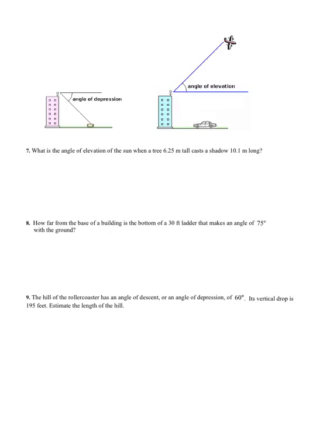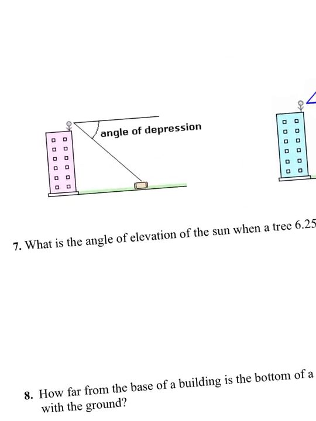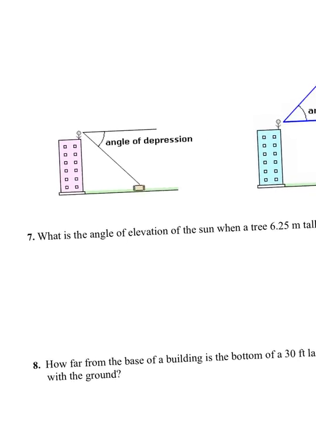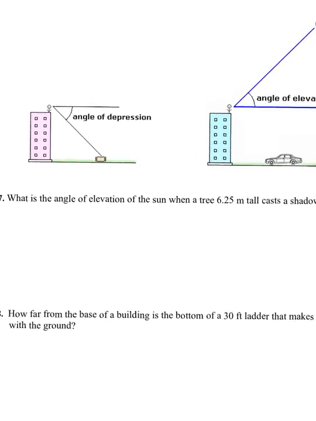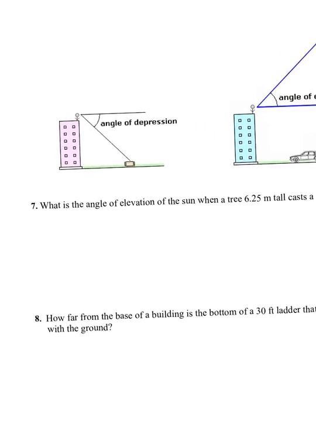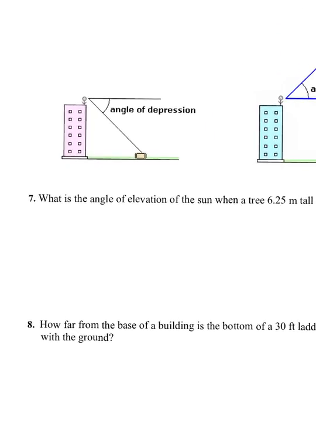So now we're going to go into some word problems involving these trig functions. Now, the first thing I want to teach you is some terminology called angle of depression and angle of elevation. All right, for both of these angles, you always start with a horizontal line. The angle of depression just means you go down from that horizontal line.